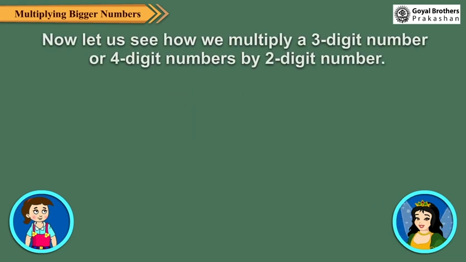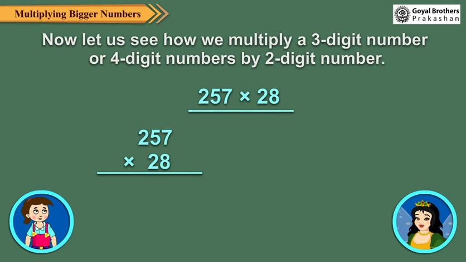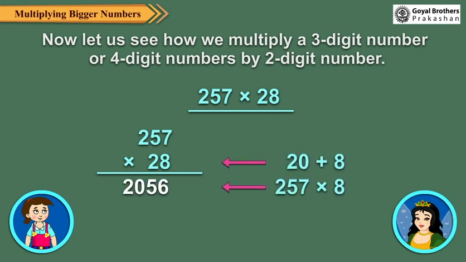Now let us see how we multiply a 3-digit number or a 4-digit number by a 2-digit number. Consider 257 multiplied by 28. We first write 257 and 28 as shown. Now multiply 257 by 8 and write the partial product.